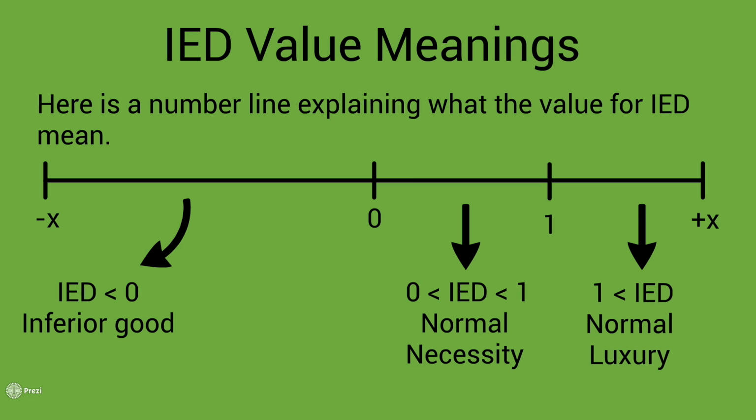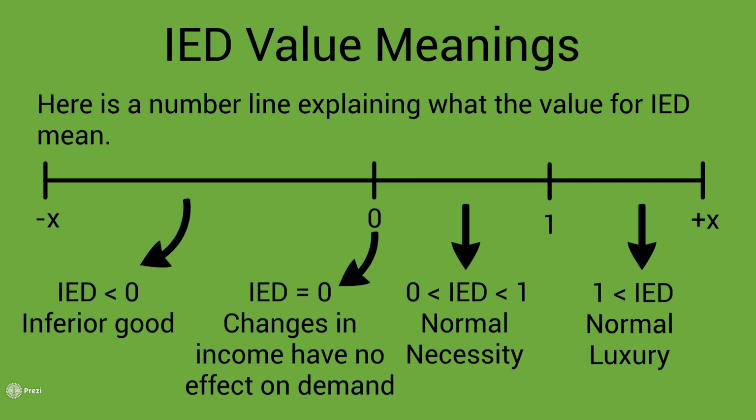This means that as income rises, demand for that good or service rises by a greater amount than the rise in income. The final value of income elasticity of demand that is interesting is a value of 0. This means that a change in income has no effect on demand.